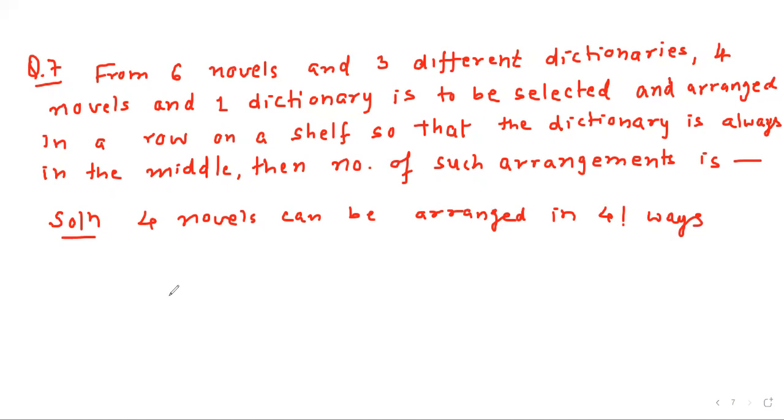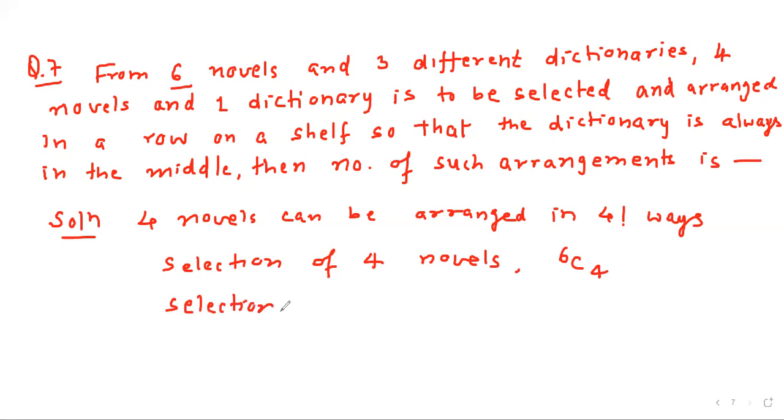And selection of four novels out of six will be 6C4. And the selection of one dictionary out of three will be 3C1. So here 6C4 will give 15 and 3C1 will give 3.